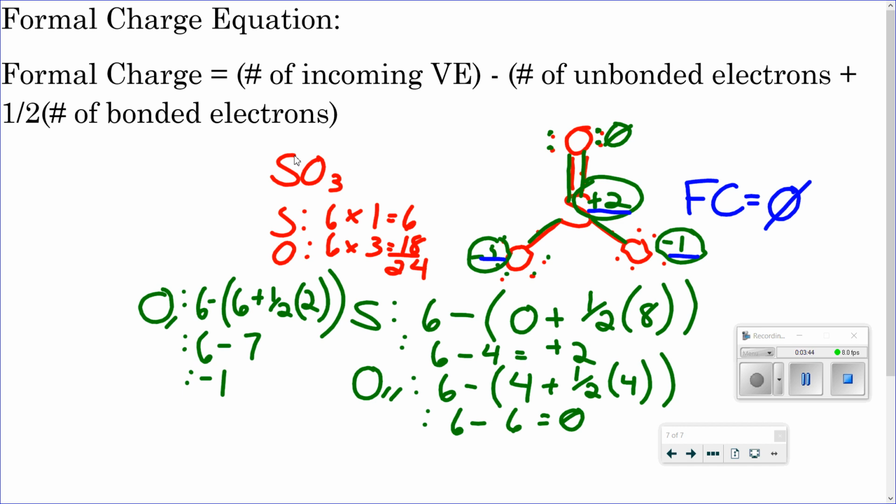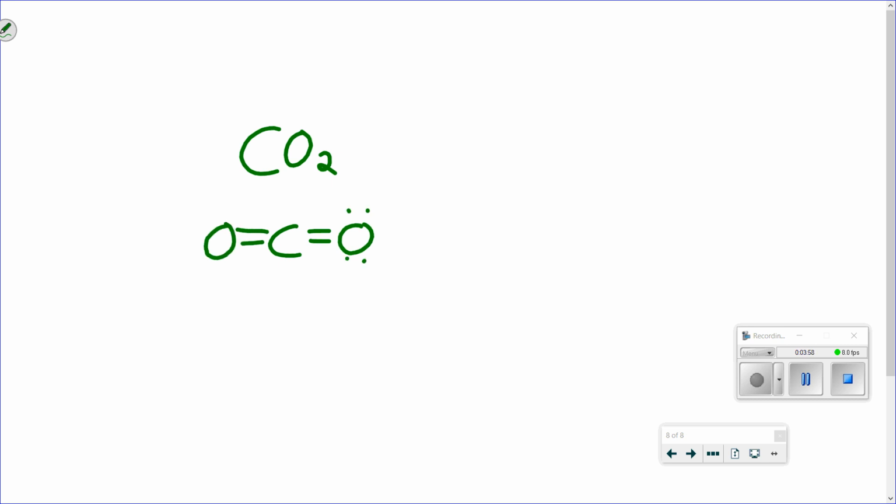Another example. Carbon dioxide, CO2. We can have 2 possibilities. We have the one that we've drawn previously. And yes, I am skipping doing the valence electrons right now, counting them up. But we haven't ever explored this option.